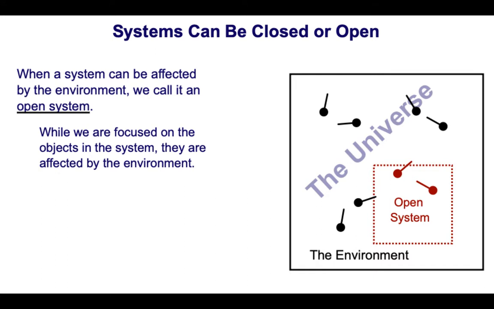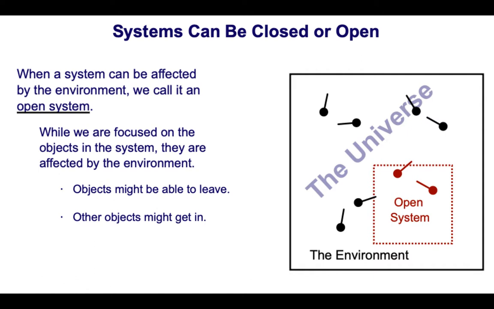So if the system is open, you can see by the little pendulum symbol that objects can leave the system. In the problems that we look at, it's very rare that an object will leave the system, but less rare, other objects might enter the system.